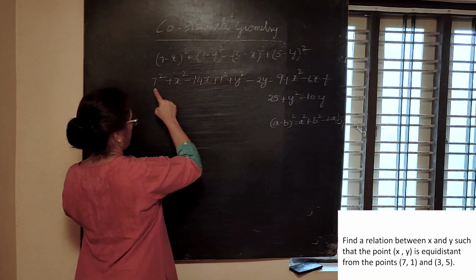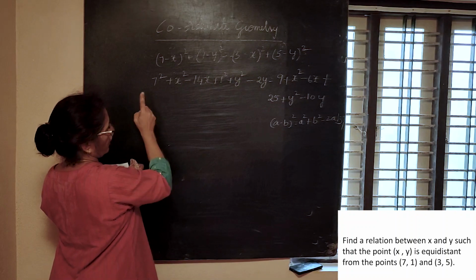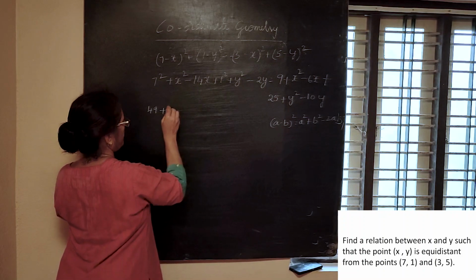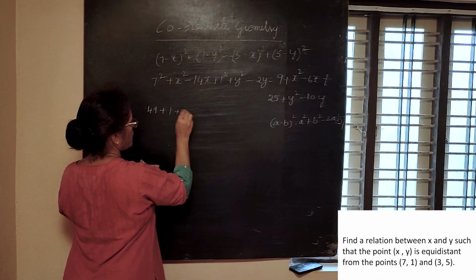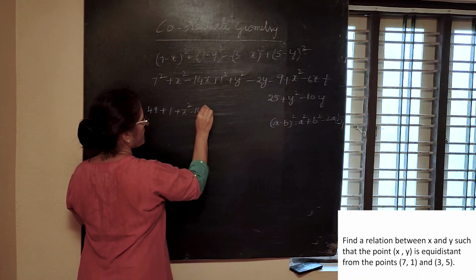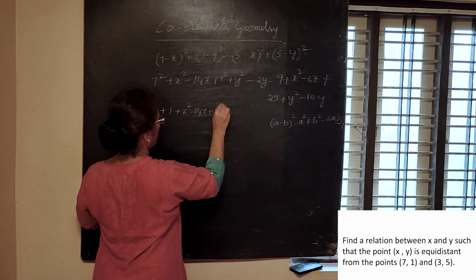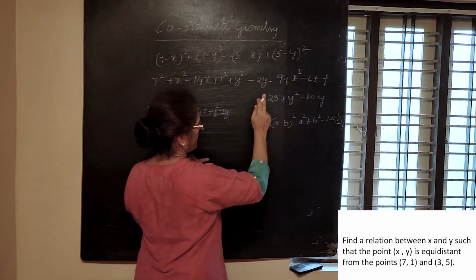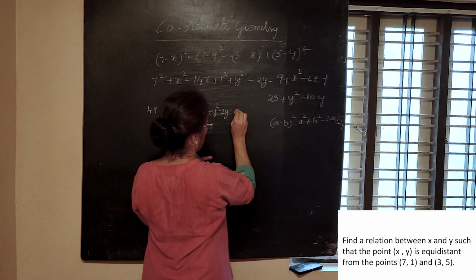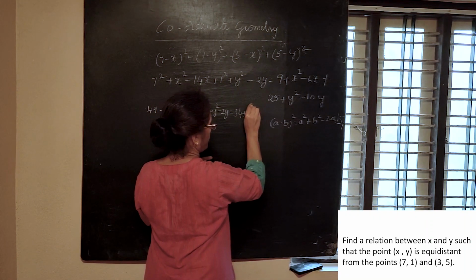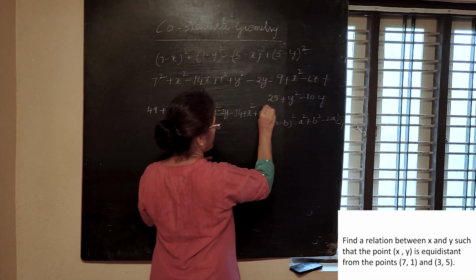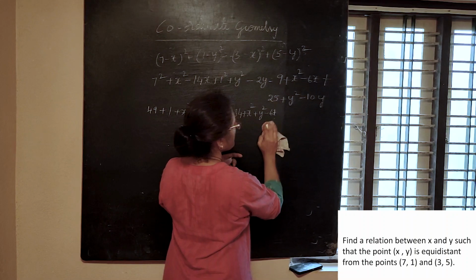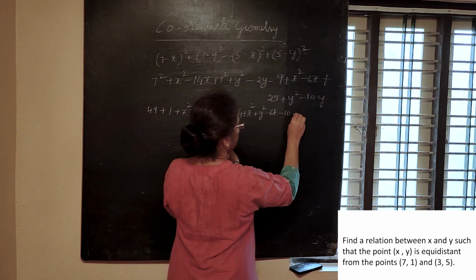Let me simplify the left hand side. 7 square is 49. So 49 plus 1 plus x square minus 14x plus y square minus 2y is equal to 9 plus 25, 34, plus x square plus y square minus 6x minus 10y.